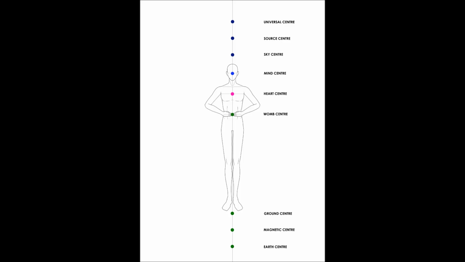It is then handed downwards into your heart center, and then down into your womb center point, which then automatically purges it downwards into the ground center beneath the feet, which then passes it down into your magnetic center, which then hands it over to the earth center point to become obsolete.